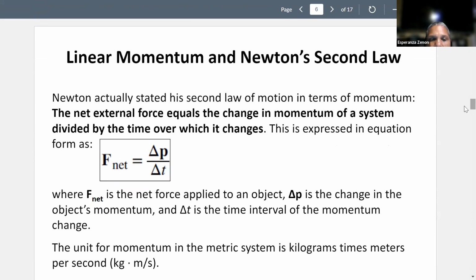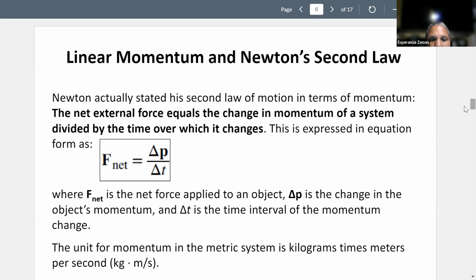So delta P, the change in momentum, divided by delta T, the change in time, is another way of finding the net force. And if you recall, net force is equal to mass times acceleration. That's Newton's second law.